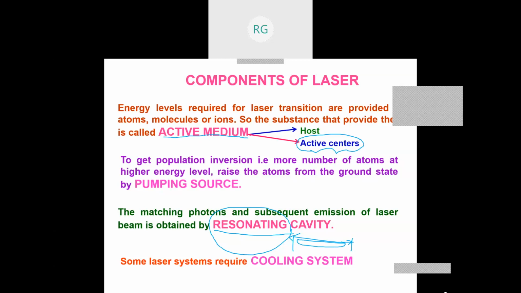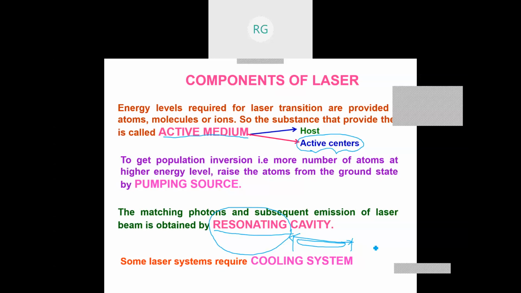Hence, I am repeating, the components of a laser are importantly three. One is an active medium, which is nothing but a substance, a collection of atoms, molecules, ions. This substance is generally a crystal or maybe a gas or maybe a liquid, but it must host some defect centers which are responsible for giving the metastable states.